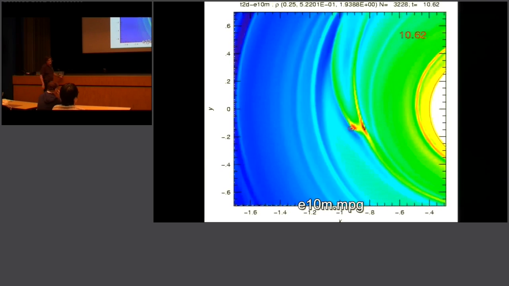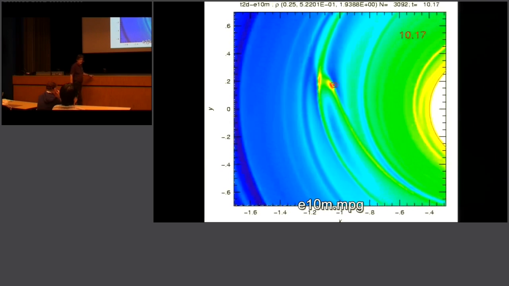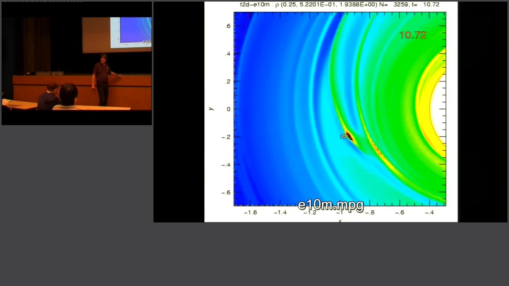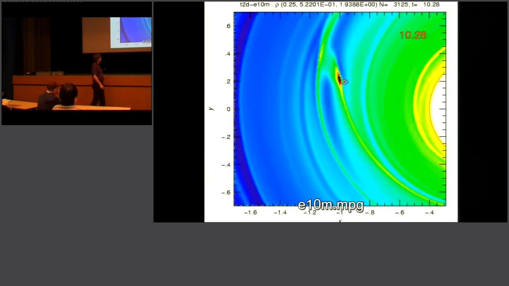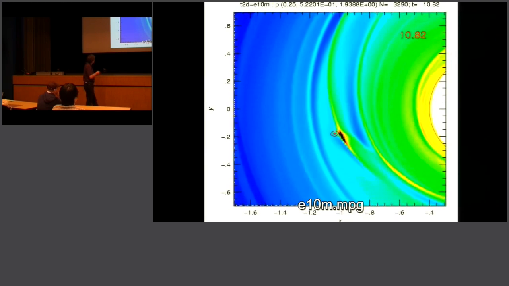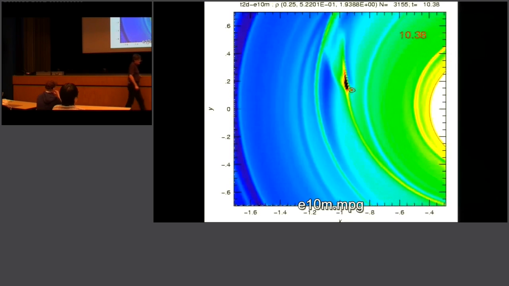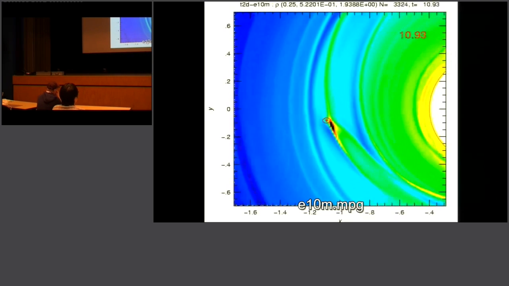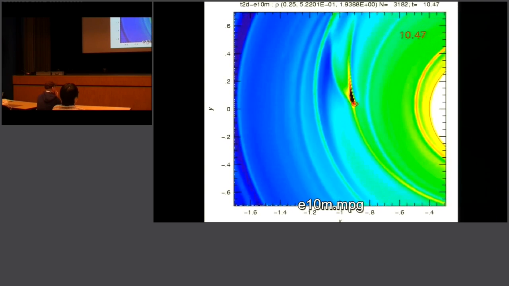So you have a strong variation of the torques, and they change sign within one orbit regularly. So you need to calculate this very carefully, and then you can integrate it and estimate the change in eccentricity the planet experiences on average.